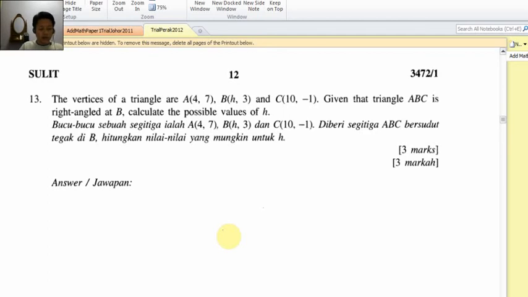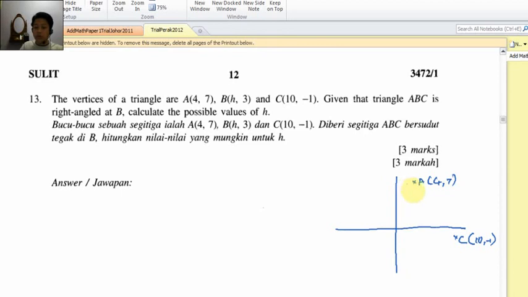Let's visualize the graph so that we know how it looks. Point A is (4, 7), roughly here, and point C is (10, -1), perhaps around here. And then we have point B (h, 3).